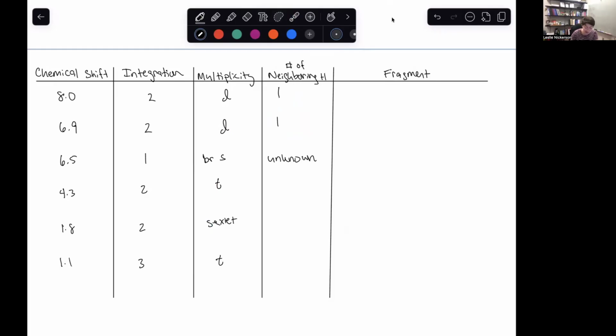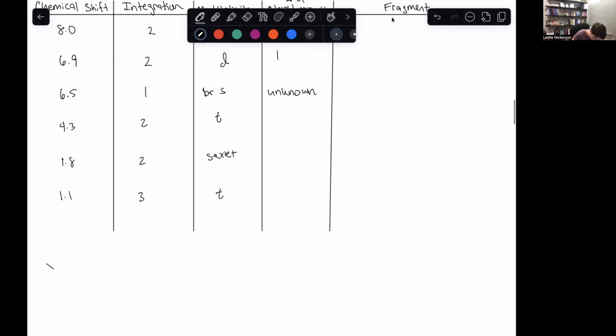The reason it is unknown is that the broadness is going to be kind of erasing any of the splitting that you might be seeing. So if you have a broad singlet, you kind of just want to say, I'm not sure what the neighboring situation is going to be like here, and just come in with it where it makes sense. Okay, so that's our little note.